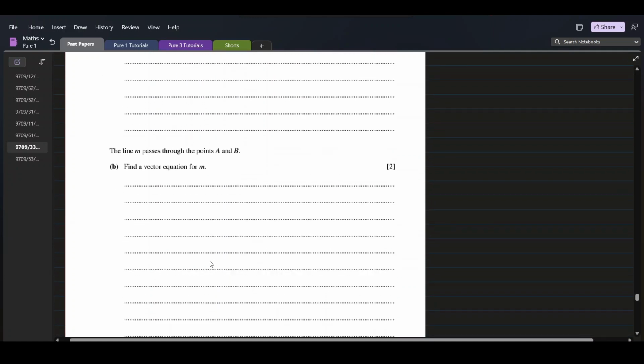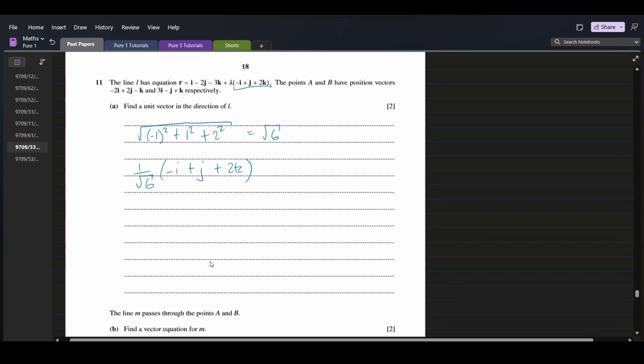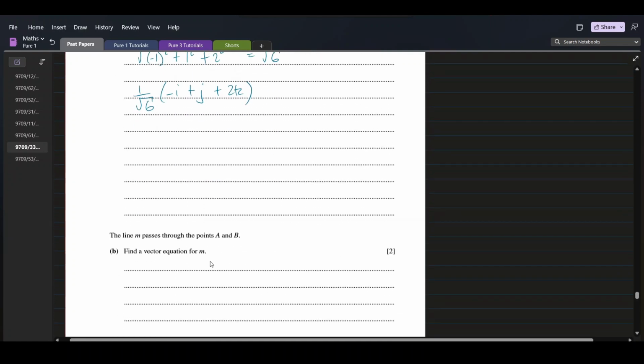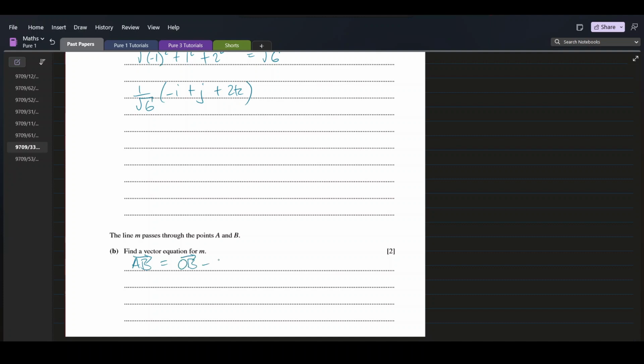The line M passes through the points A and B. Find a vector equation for M. Okay, so to get our vector equation, we first need to find the direction vector AB. And we can find that by saying OB minus OA.